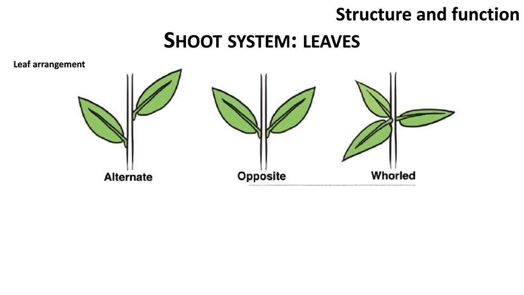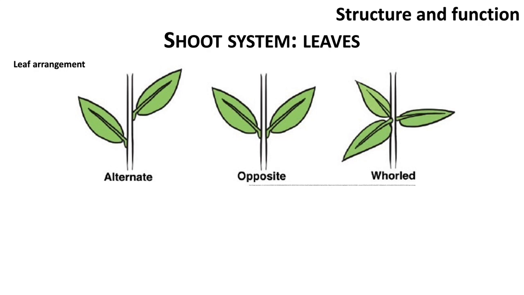For those of you interested in plant identification, how leaves are arranged along a stem is often an important characteristic for identifying a plant. Leaf arrangement is generally divided into 3 types. When there is 1 leaf per node, this is called alternate leaf arrangement. When there are 2 leaves per node, this is opposite.